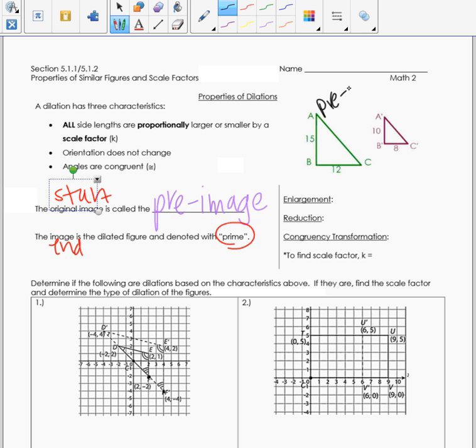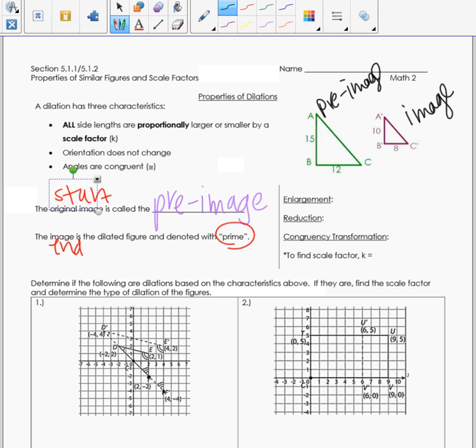The reason I know that is because if you look at the purplish figure, see how it says A with an apostrophe? We call that A prime, B prime, C prime. Because these have the primes, which look like apostrophes, that makes this my image. So in this case, it started as the green figure and was dilated to the purple figure.